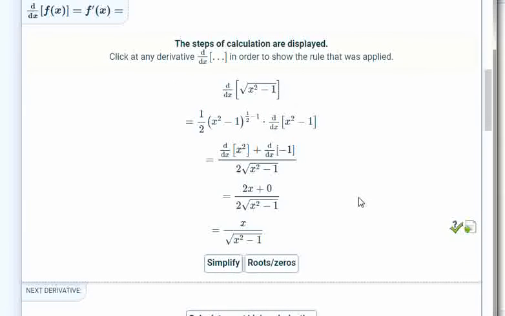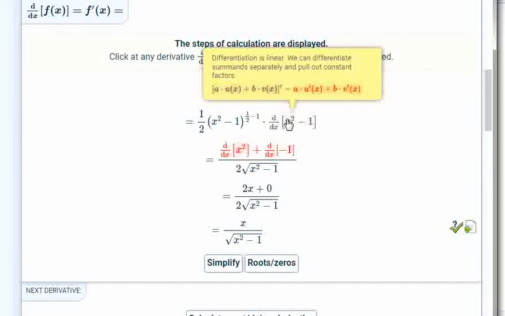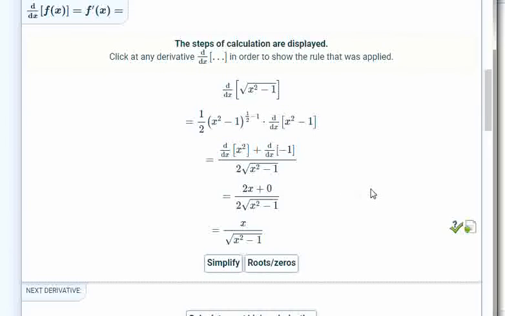That is a half x squared minus 1 to the minus half, which is rewritten as 1 divided by x squared minus 1 to the half, which is 1 over 2 times root of x squared minus 1, and here it is multiplied by, this is the chain rule, 2x.